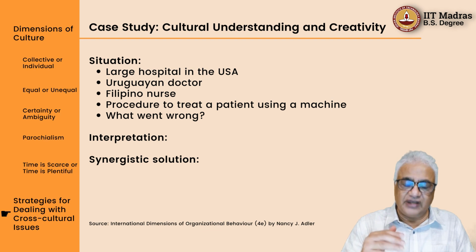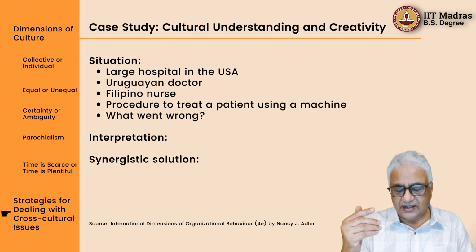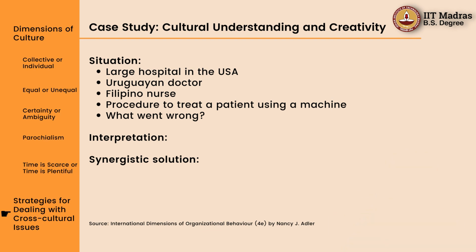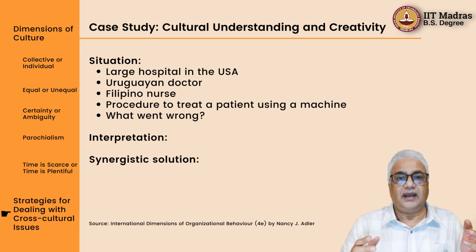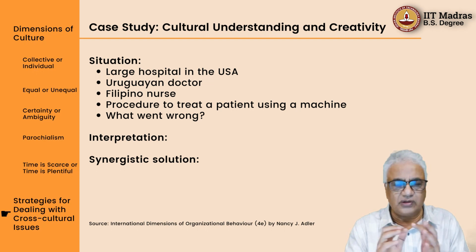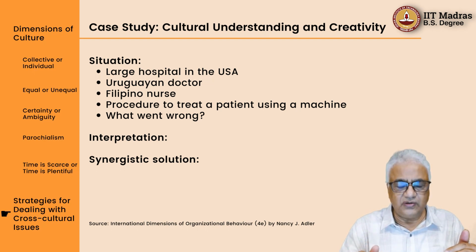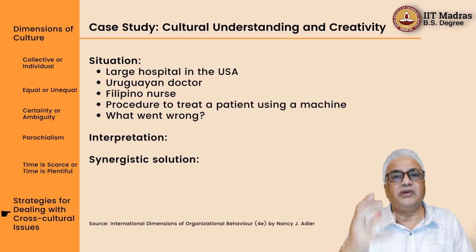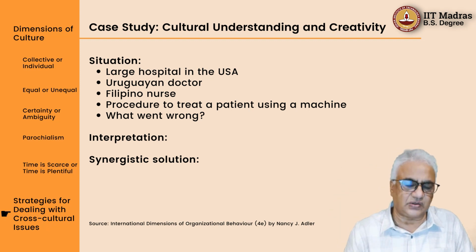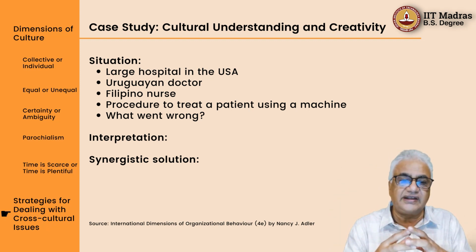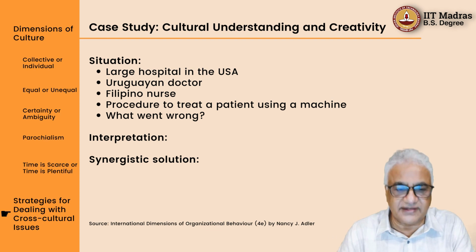And the Filipino nurse tells the doctor, is it okay if I ask you some doubts? I don't want to insult you, I don't want to disrespect you. I'm just asking because I don't understand certain things that you're saying. And if both of them can work this out together, that is a synergistic solution.